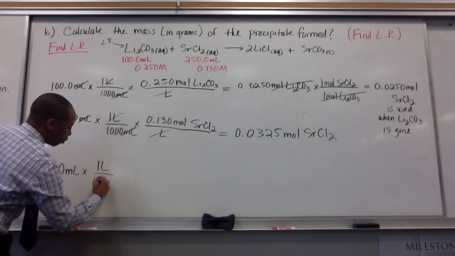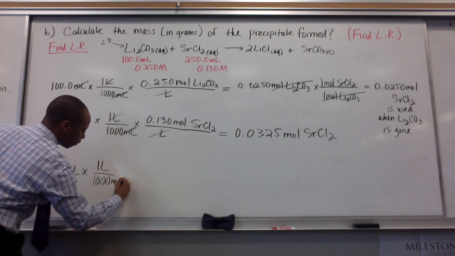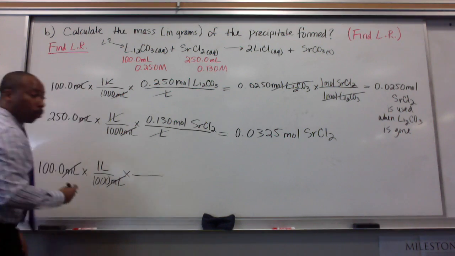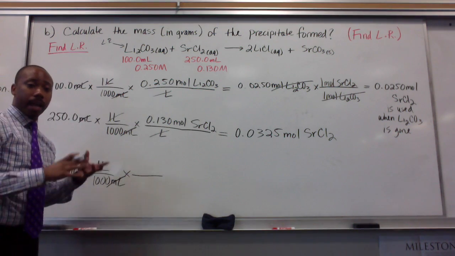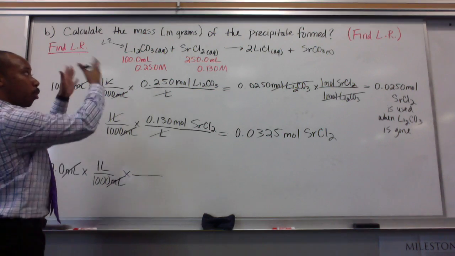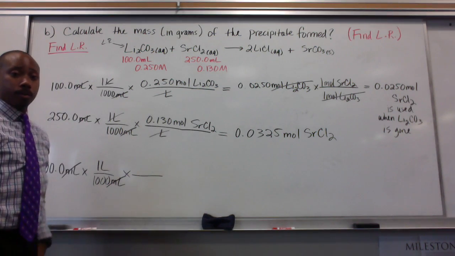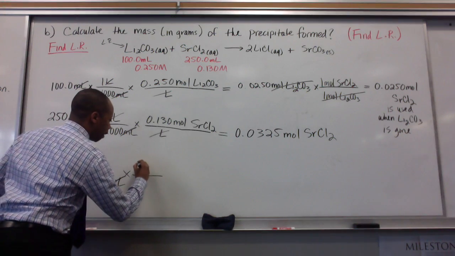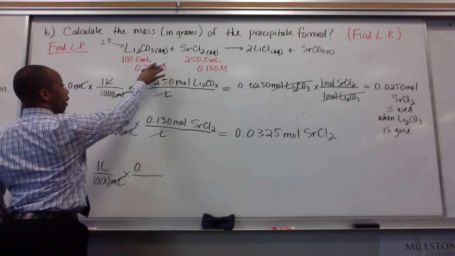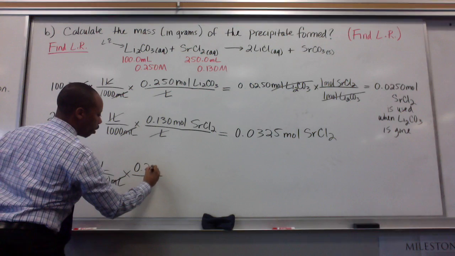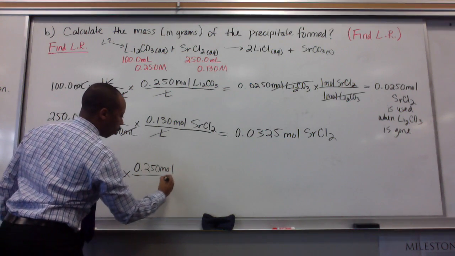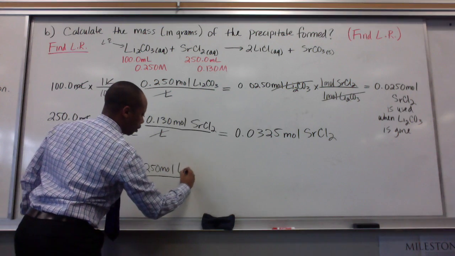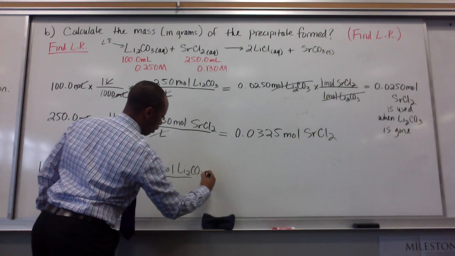I want to get that into units of liters. I want to figure out how many moles of lithium carbonate I have so that I can use the mole ratio to go between moles of lithium carbonate and moles of strontium carbonate. So I multiply times the molarity here, 0.250 moles per liter. This is of lithium carbonate.